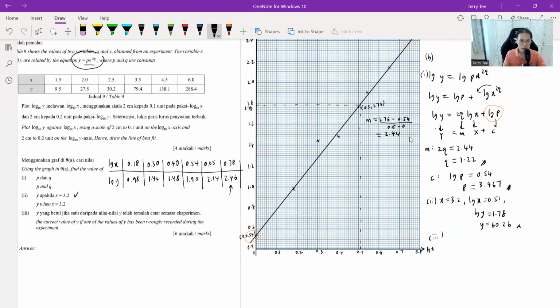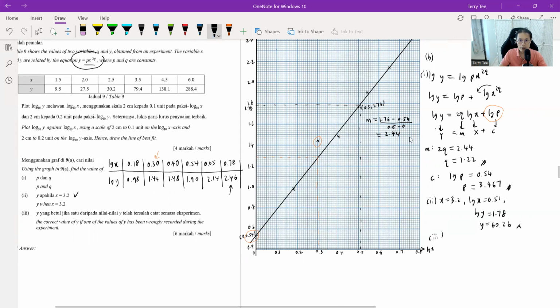Okay, next, the wrongly recorded value. They say use the graph to find the correct value of Y. We know the incorrect value is this. The correct value must happen when LG X is 0.3. So we read from 0.3, it looks like here.